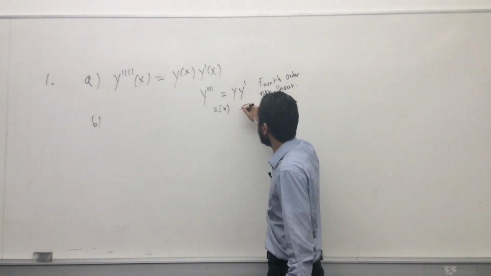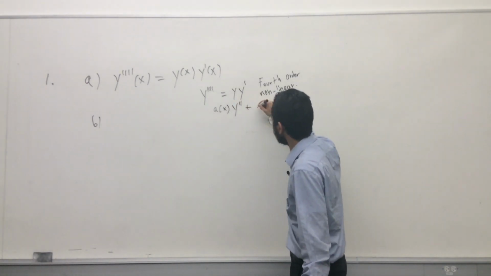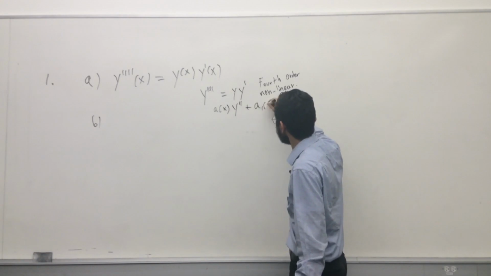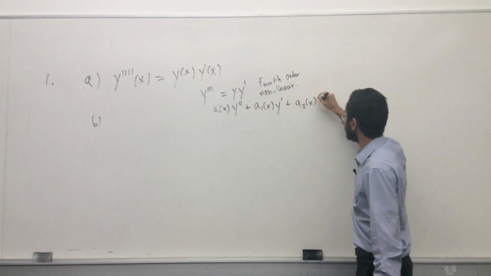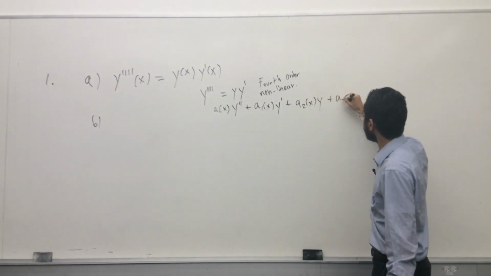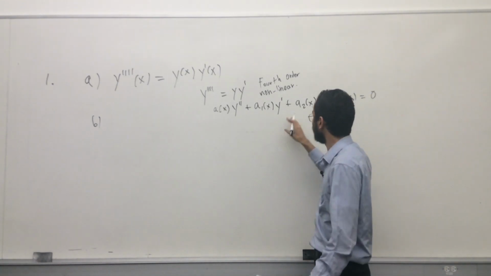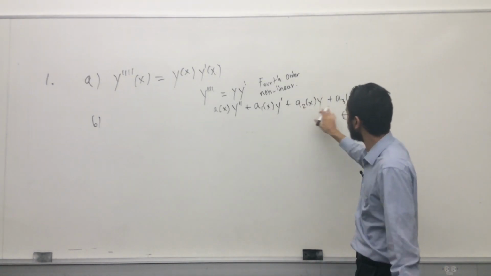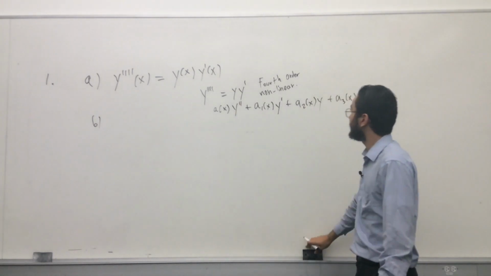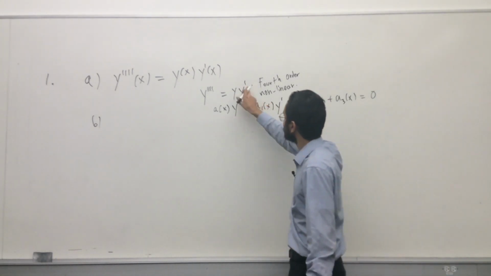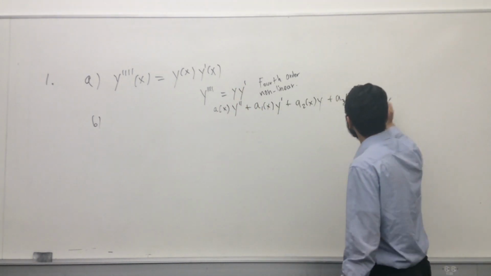A of x multiplied by, let's say it's a 2nd order, y double prime, plus a sub 1 of x times y prime, plus a sub 2 of x times y, plus a sub 3 of x equals, say, 0 if it's homogeneous. This is the standard form of a linear differential equation, 2nd order in this case.